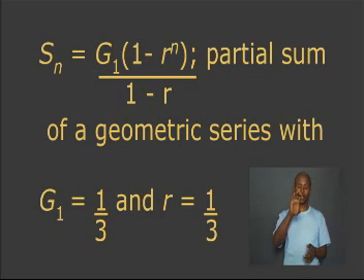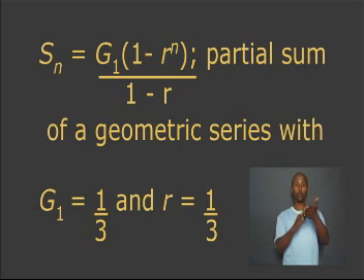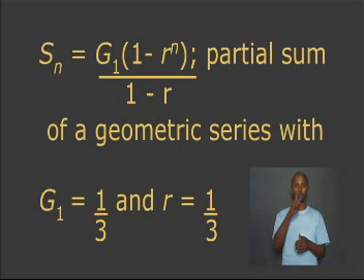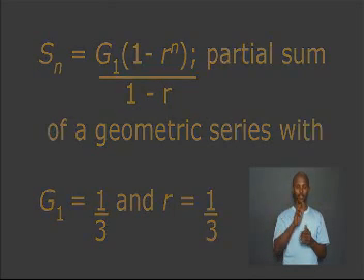Sn equals G1 times 1 minus r to the power of n over 1 minus r. This is the formula for the partial sum of a geometric series. G1 equals 1 over 3 and r equals 1 over 3.